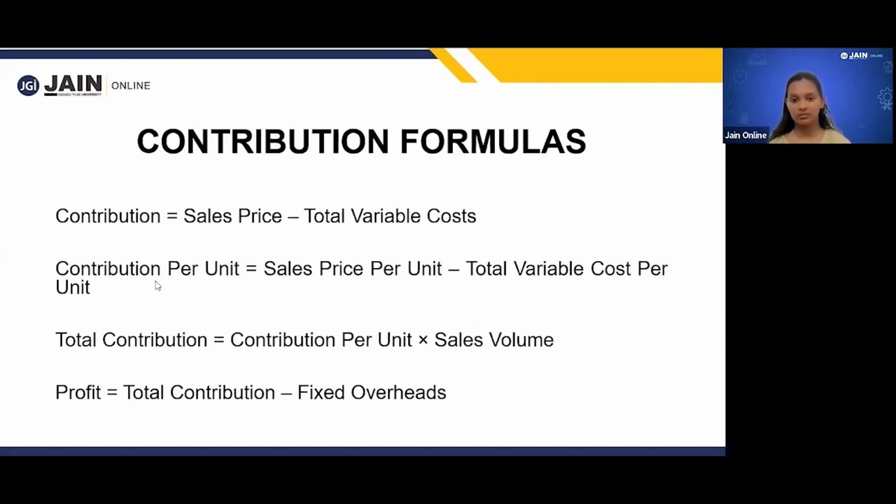Contribution per unit is sales price per unit minus total variable cost per unit. If you have contribution per unit and sales volume, you can multiply to reach the total contribution, and profit will be equal to total contribution minus fixed overheads.